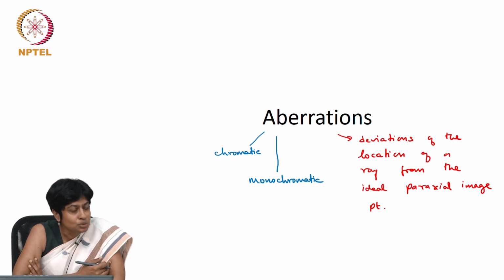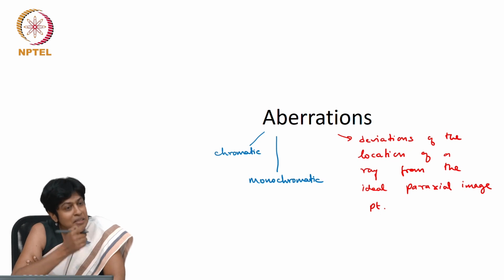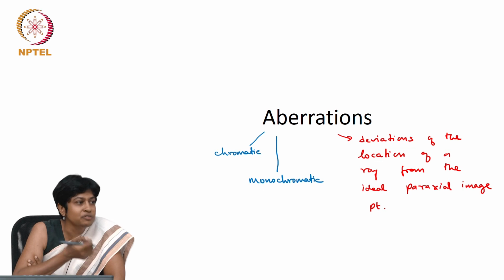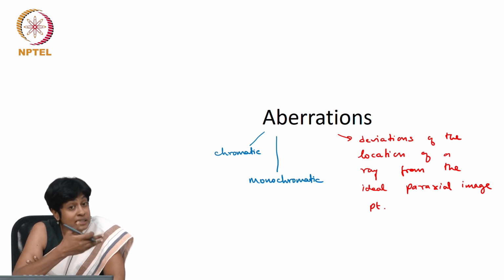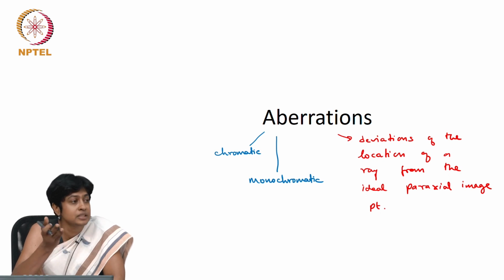So the perfect image position for an optical system is different for every wavelength. If the separation in those perfect imaging positions is very large, you clearly have a very large chromatic aberration.